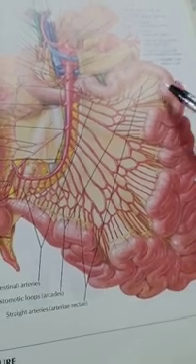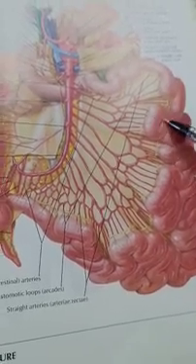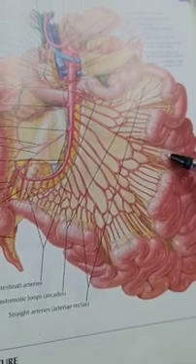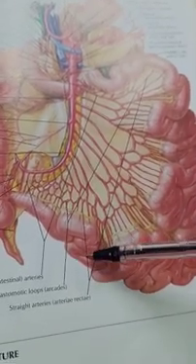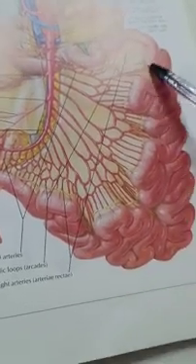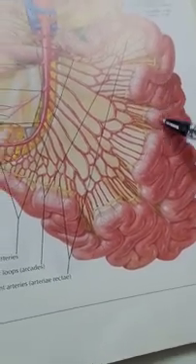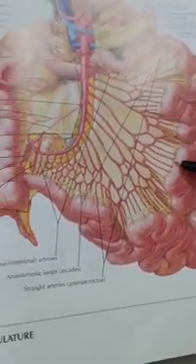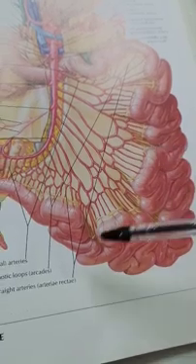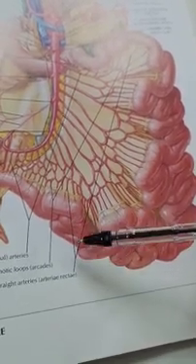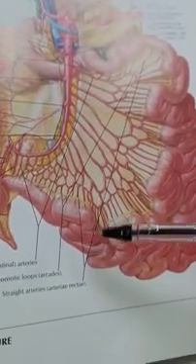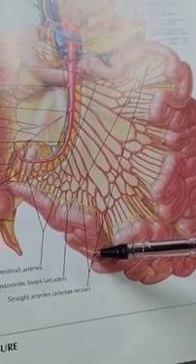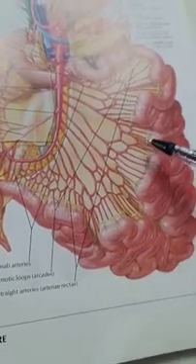The lumen inside the jejunum is wider compared to the ileum. In the ileum, most of the time it will be empty, but the ileal part is always loaded with food particles or waste particles.